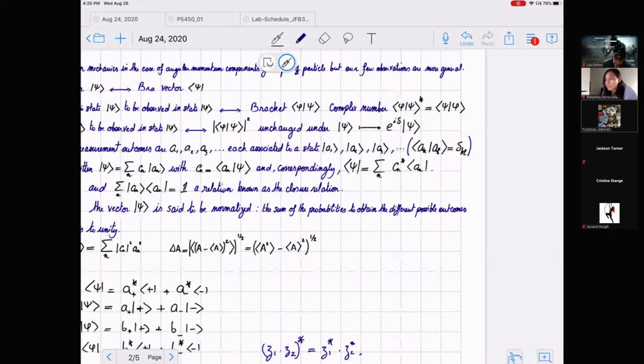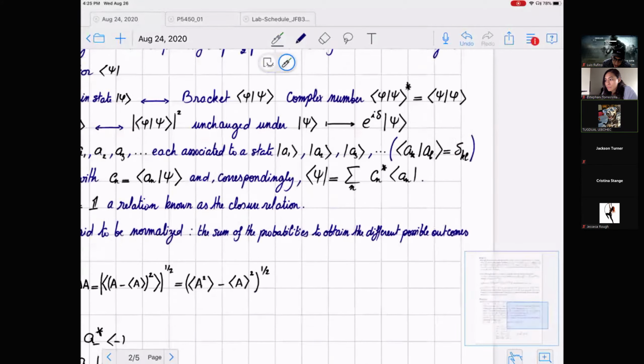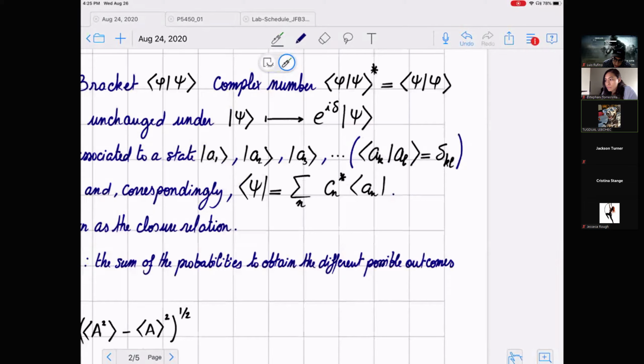And we're going to see that these quantum states, each corresponding to a possible outcome of a given measurement, constitute an orthonormal basis, which I can write by saying that the bracket A_K A_L is equal to delta KL, where delta is the Kronecker symbol, which means that this is equal to 0 when K and L are different from each other, so when I'm considering two different vectors here. And this is equal to 1 when K is equal to L, which means that I'm considering the same vector on both sides here.